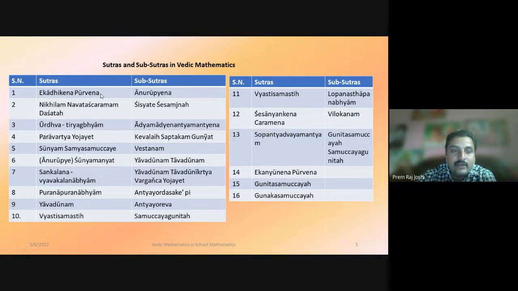I have chosen a few, not all the sutras. There are 16 sutras and 13 subsutras, and I will take a few sutras for demonstration. If anyone wants to go into detail, they can learn from the book Vedic Mathematics, where there is the detail of all the sutras and subsutras.